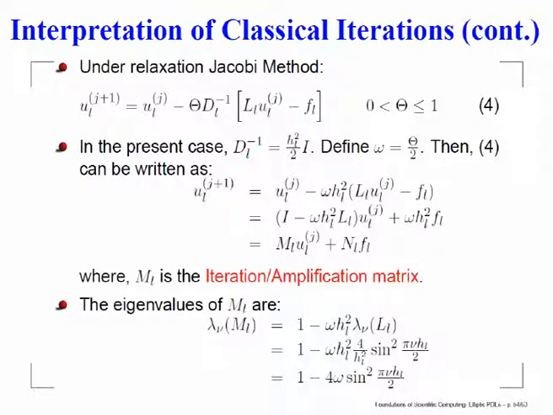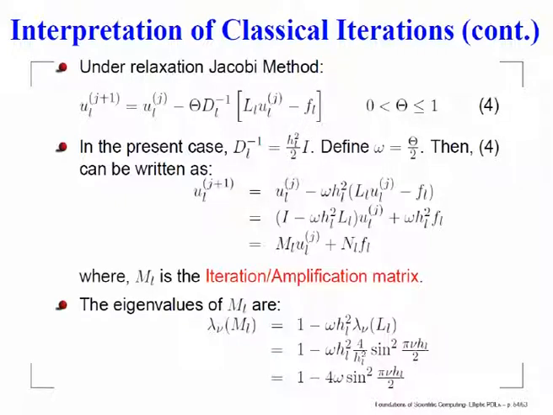I write the under relaxed Jacobi method as the new iterate equal to the old iterate minus omega h_L square into the defect, that is M_L times the old iterate. M_L is our iteration, or amplification, matrix that we have already defined.